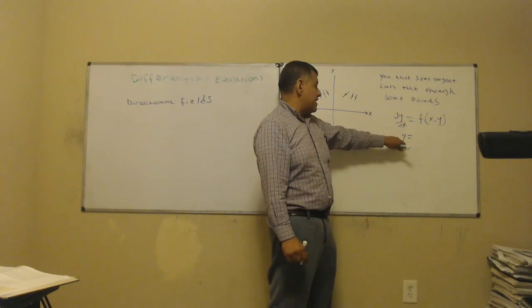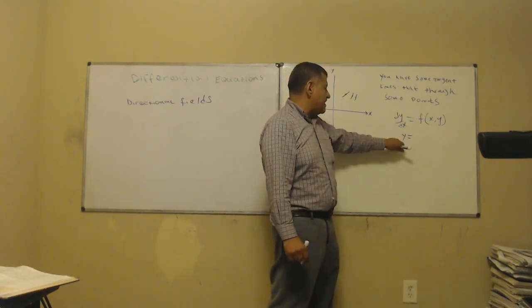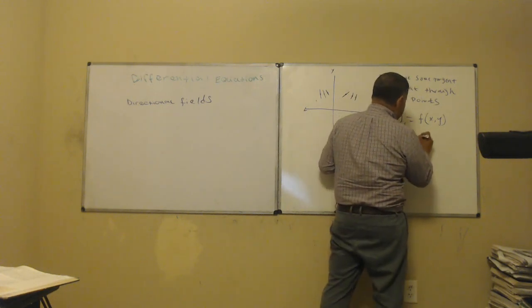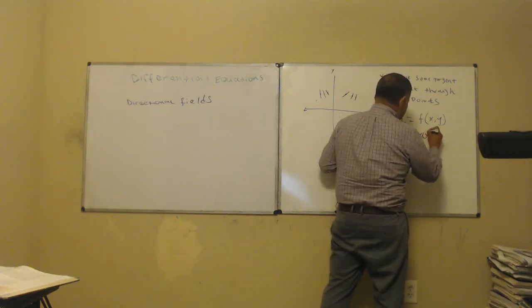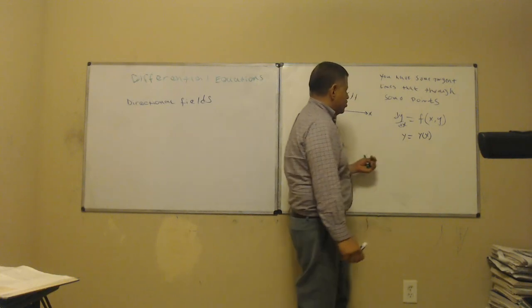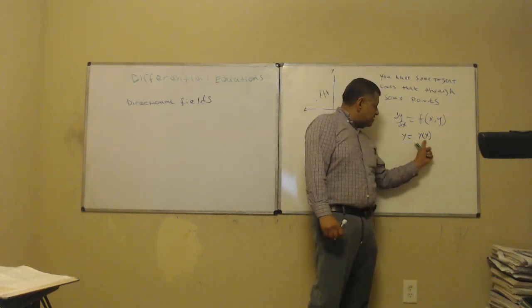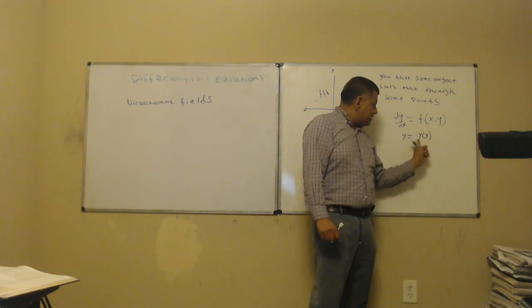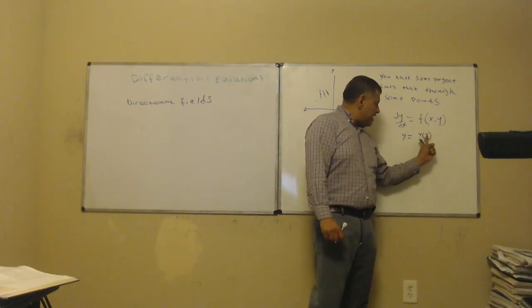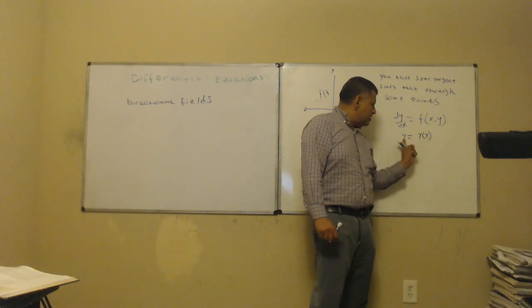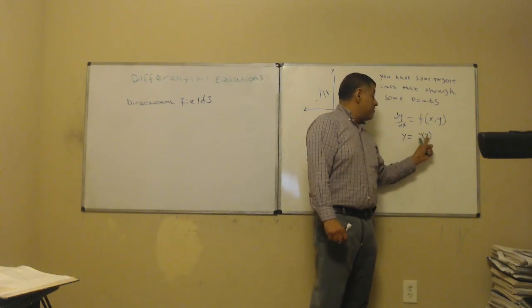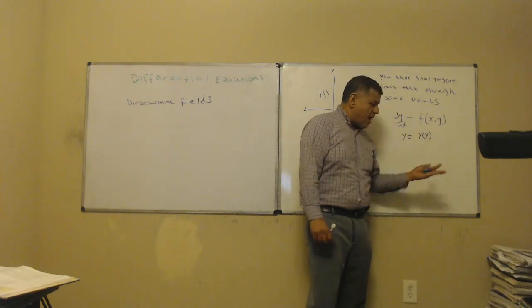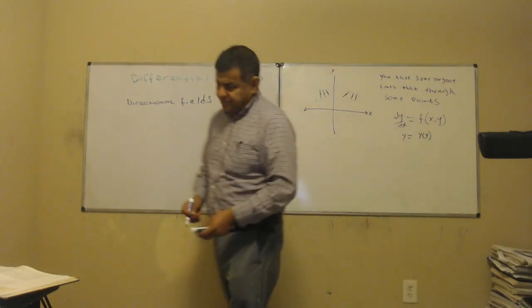Let's say you want y to depend on x, so y is equal to y of x. When y depends on x, for any value of x you will get a y equal to something.